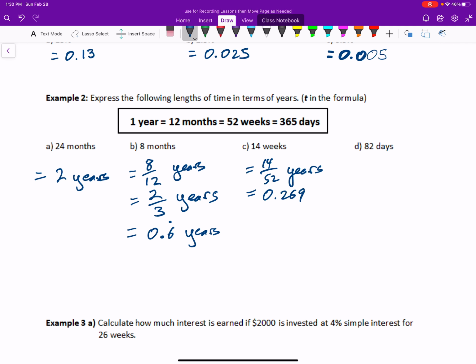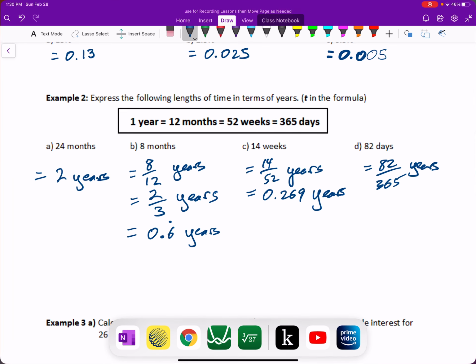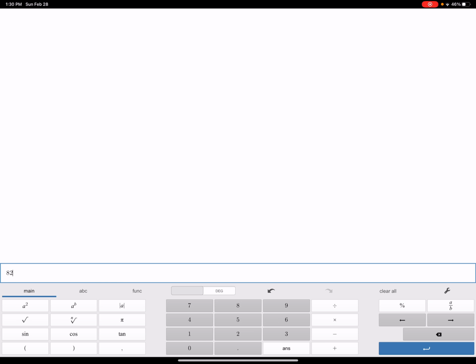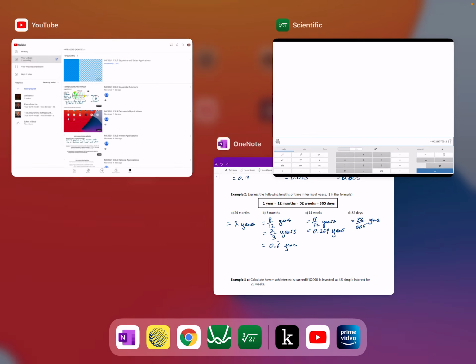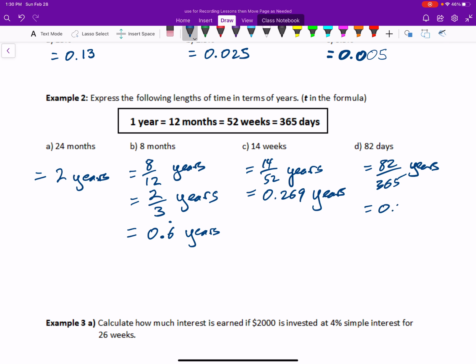I do want to carry a few decimal places just because if I round it early and if I round a few things, it's going to have a significant impact on my final answer. So I'll try to carry a few decimal places. 82 days is going to be the same as 82 divided by 365 years, 0.225 to 3 decimal places.